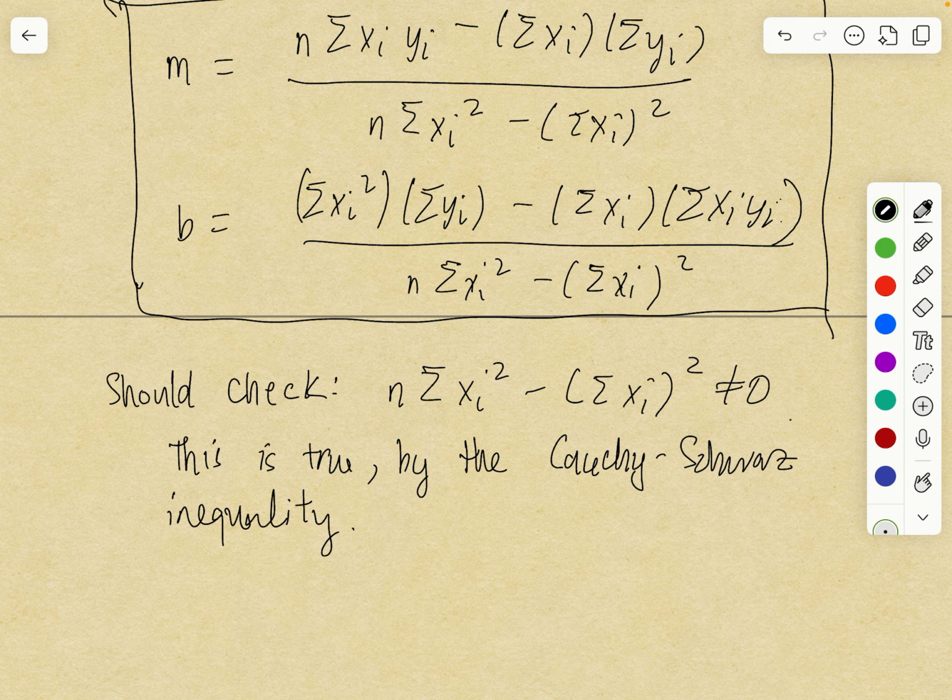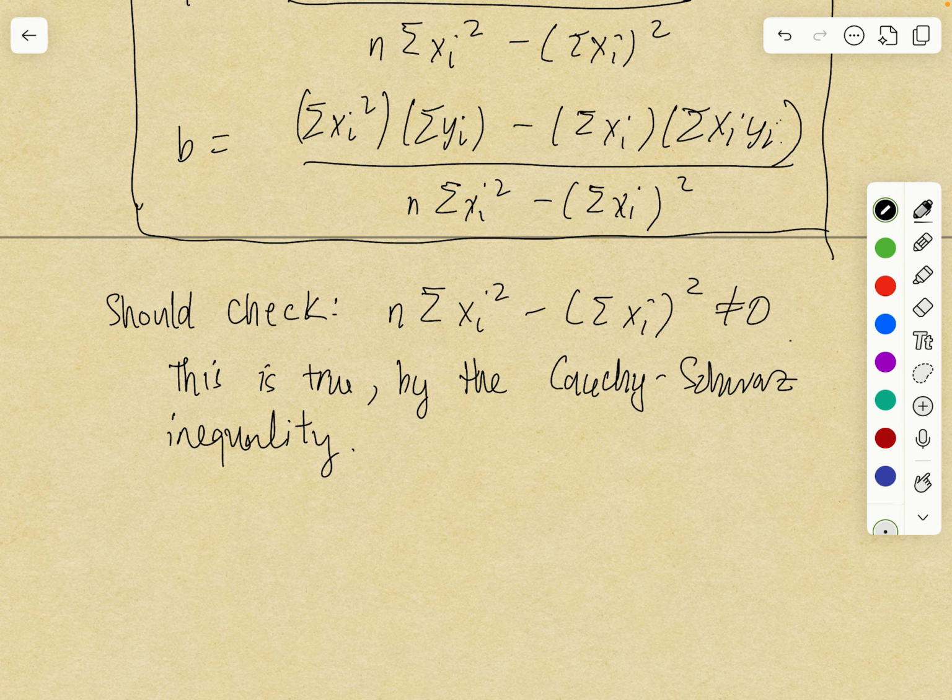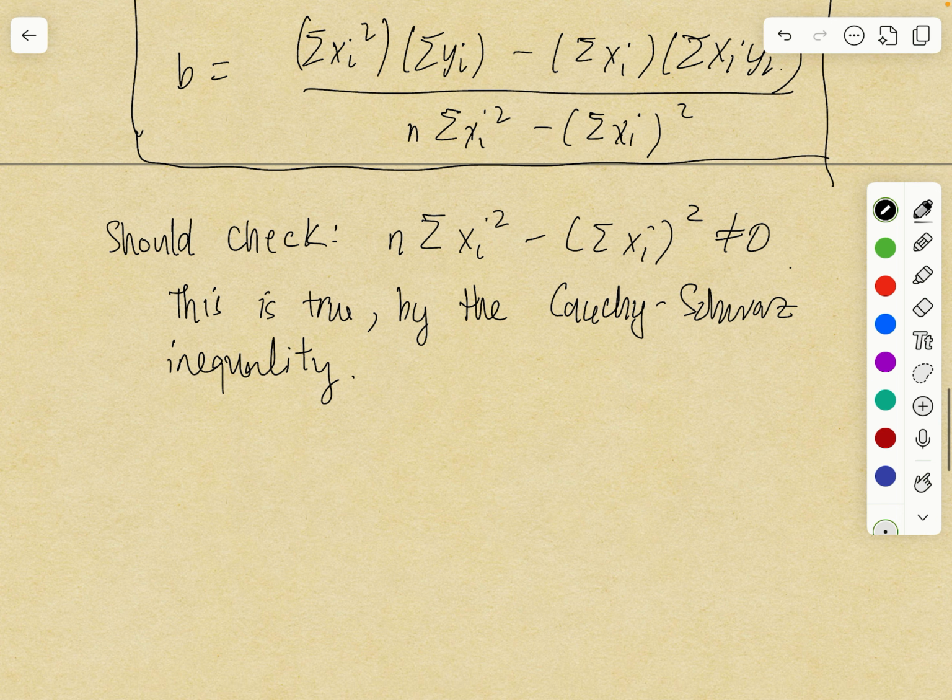And what the Cauchy-Schwarz inequality says, in terms of vectors, is that the absolute value of the dot product of two vectors is less than or equal to the product of the magnitudes of those vectors.